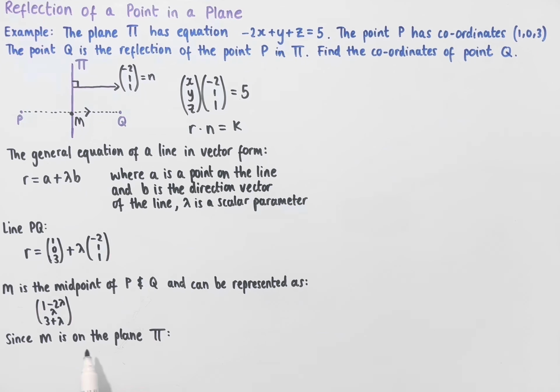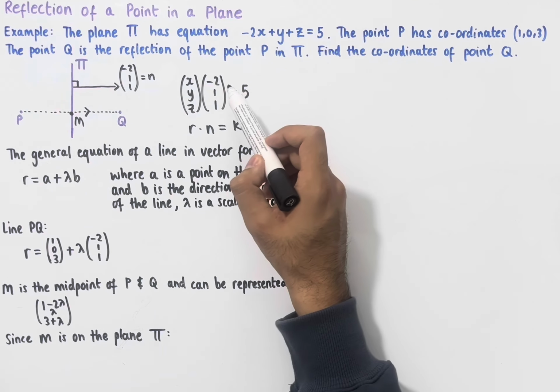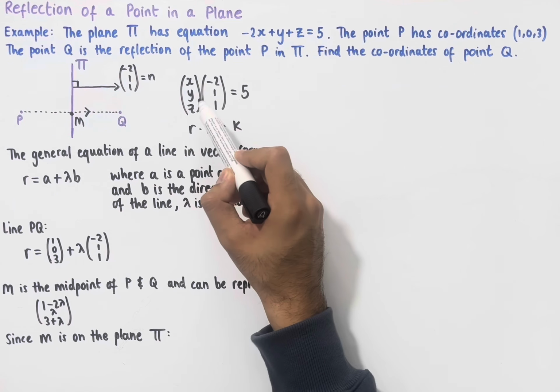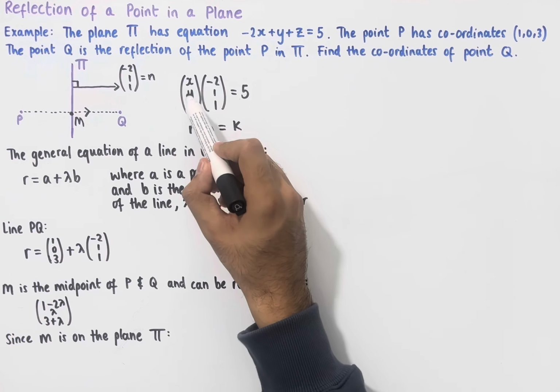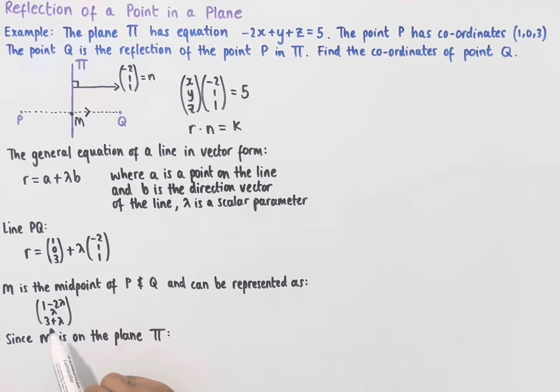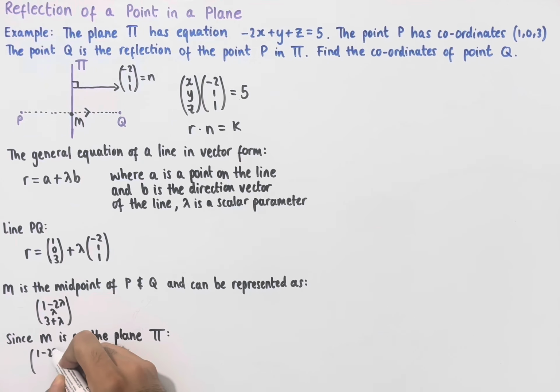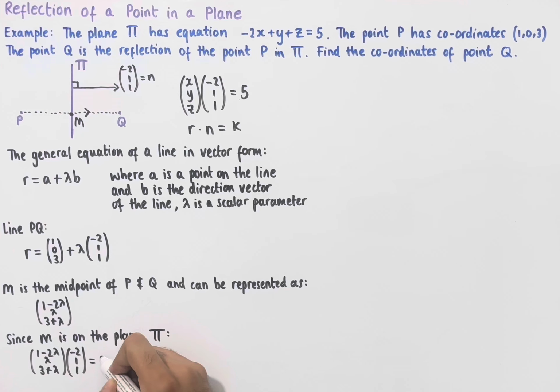Now since M is on the plane pi and the equation of the plane is given by x, y, z dotted with minus 2, 1, 1 equals 5, we can replace x, y, and z with 1 minus 2 lambda, lambda, and 3 plus lambda. And so if we do that, we get 1 minus 2 lambda, lambda, 3 plus lambda, dotted with minus 2, 1, 1, and this equals 5.